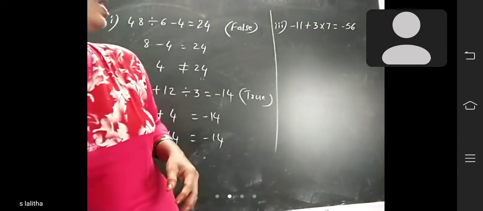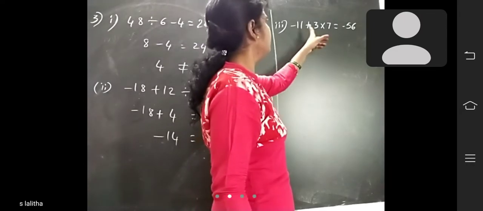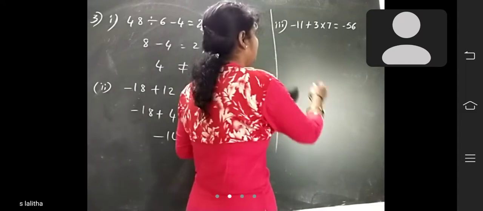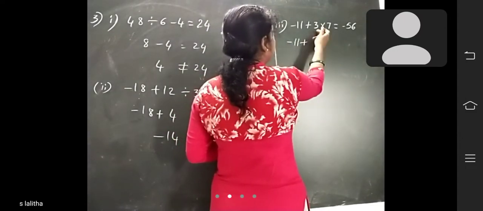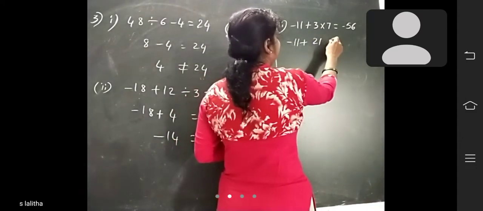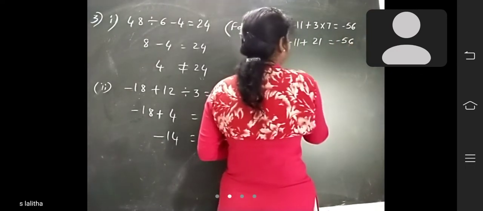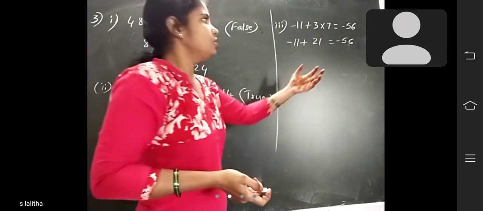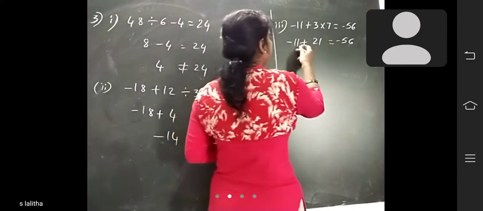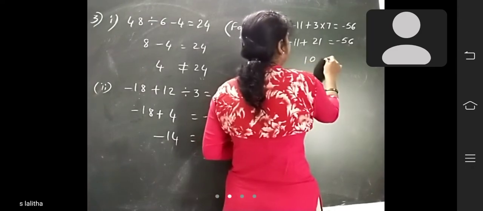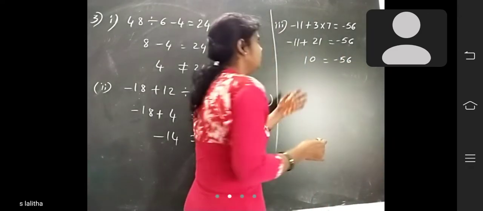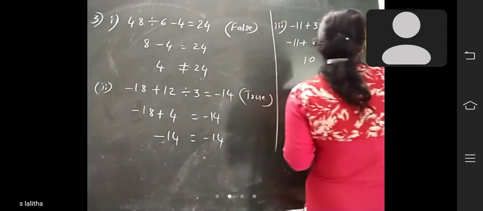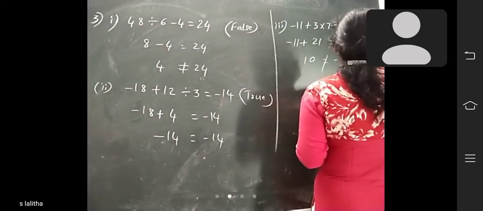So here what are the operations? Minus, plus, multiplication. Which one should you do first? Multiplication. So 3 into 7, how much? 21. So minus 11 plus 21, how much? You should subtract. 1 minus 1, 0; 2 minus 1, 1. So 10 equal to minus 56. Both are equal, children? No. So it is false.